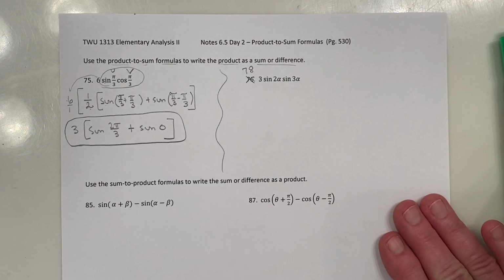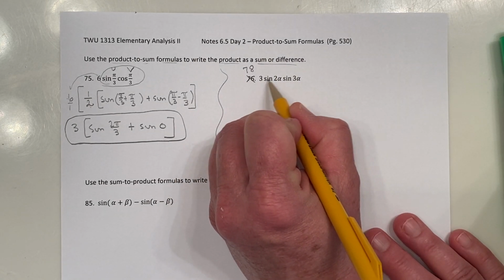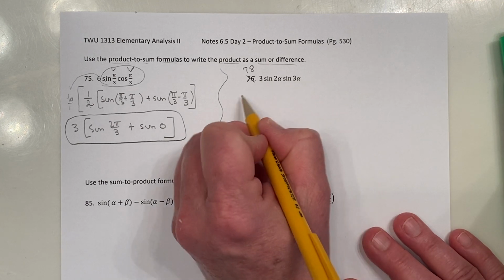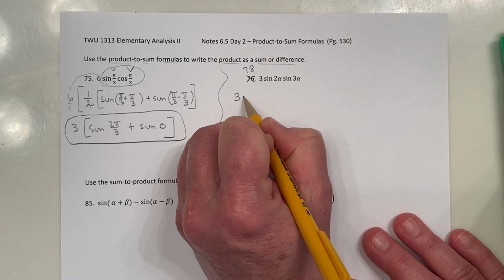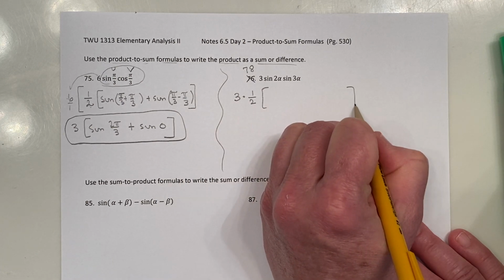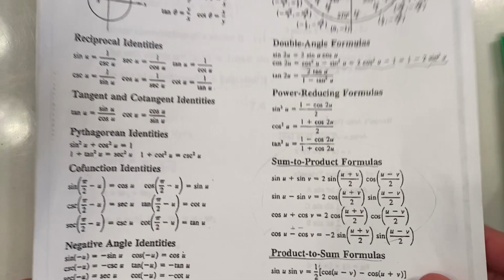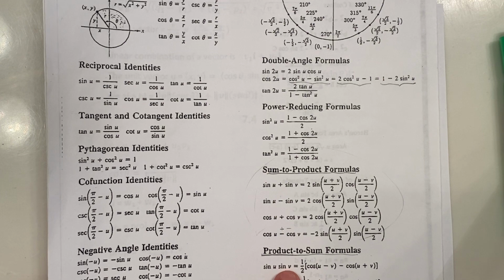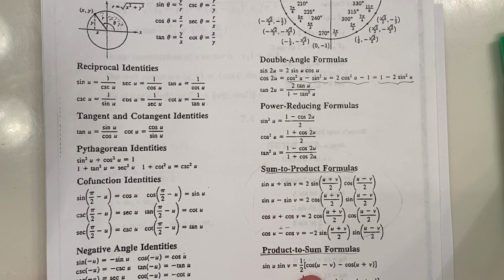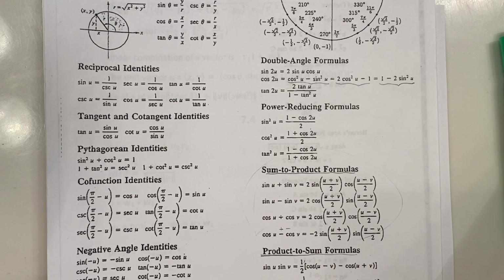For 78, write the product as a sum or difference. It's sine times sine. We've got the 3 out front, so we're really going to multiply 3 times the 1/2. I'm looking for sine times sine. Oops, wrong sheet. Here's sine and sine. Inside here, I see that we change to cosine of a difference minus cosine of a sum.